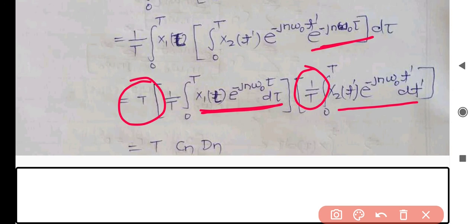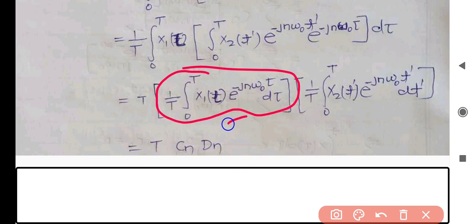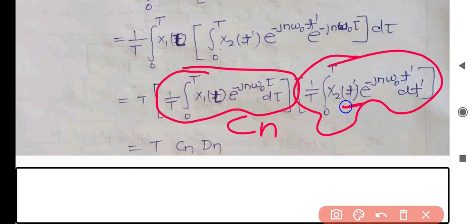If we see the formula to determine the Cn of a given signal x(t), it looks like 1 upon T integration 0 to T x1(τ) e^(minus jnω0τ) dτ. This is Cn, and this is 1 upon T integration of x2(t') e^(minus jnω0t') dt', which is Dn, and this is multiplied by the fundamental period of the signal.